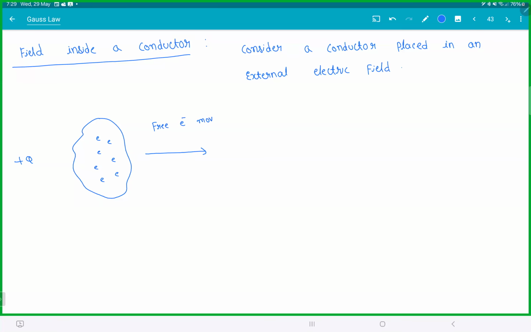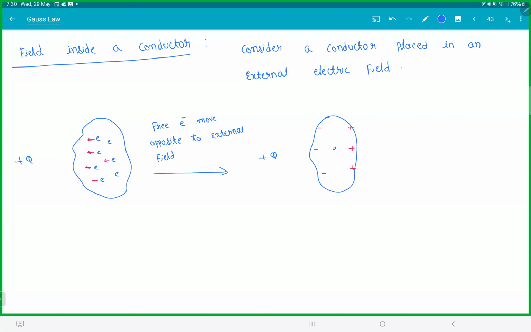The free electrons move opposite to the external field because electrons are negative charge. So in this case, the plus Q will attract them. But understand, immediately everything won't come here. Some electrons will come here, and some positive charge will be left there.